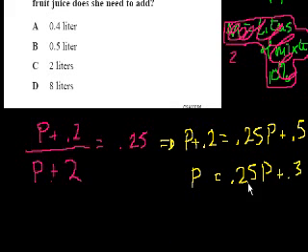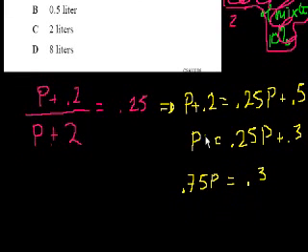Let's subtract 0.25P from both sides. 1P minus 0.25P is 0.75P, which is equal to 0.3. Did I do that right? 0.75P is equal to 0.3, right?